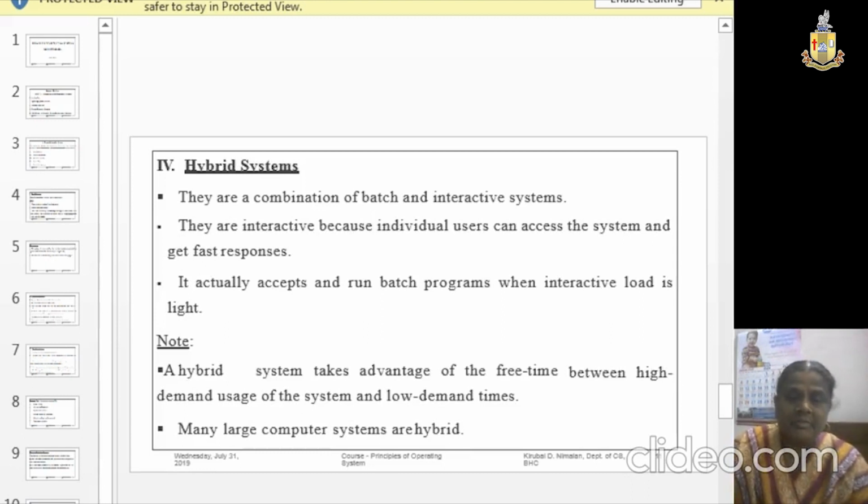When the system's load is very low, it runs the jobs in batches. A combination of interactive and batch mode is called a hybrid system. The hybrid system takes advantage of the free time between high demand usage and low demand times. Many large computers are hybrid.